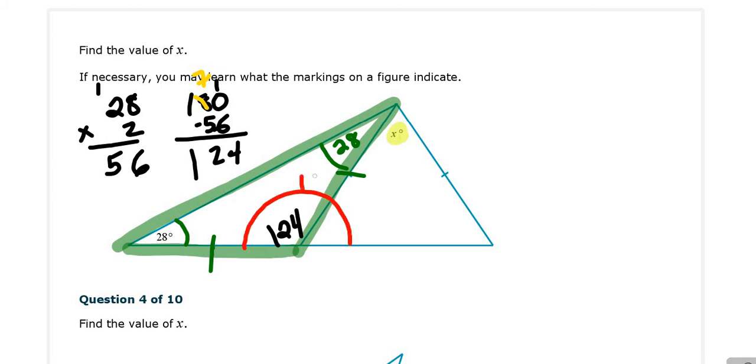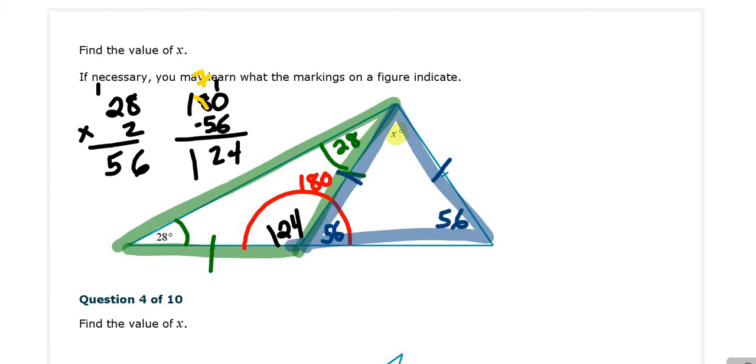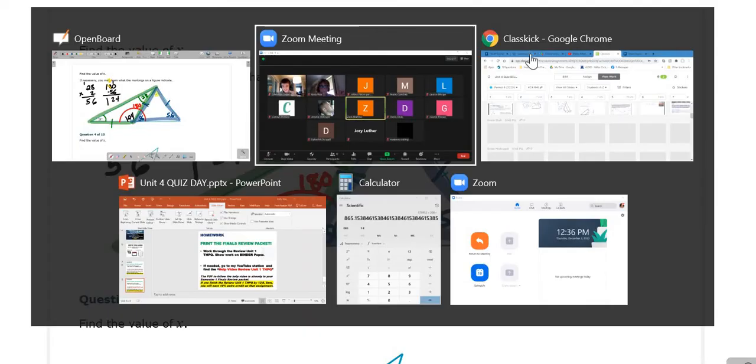There's your linear pair. That means this becomes 56. Then looking at this triangle right here, 2 equal sides, 2 equal angles. 56, 56. I think I found a typo, but it's nothing major.